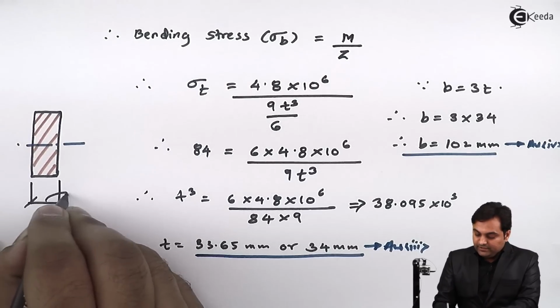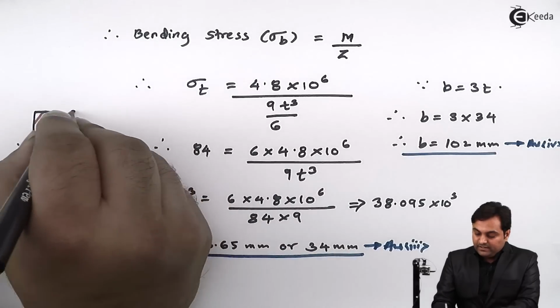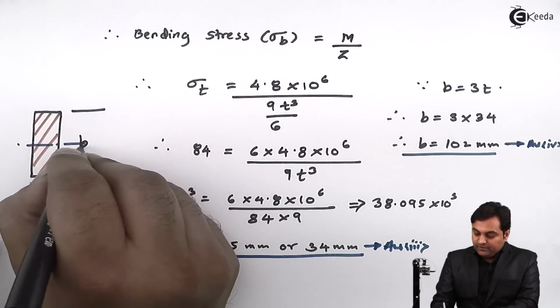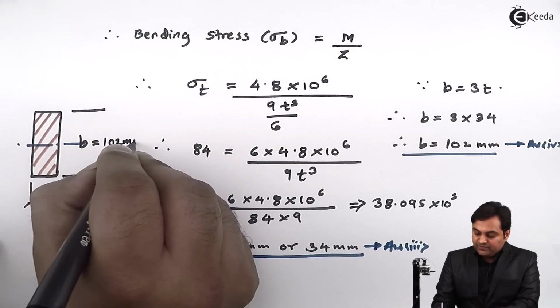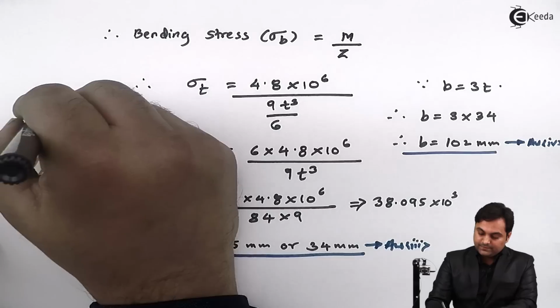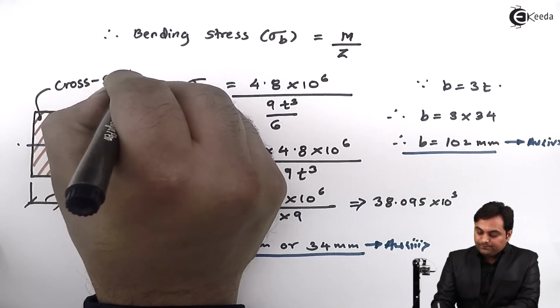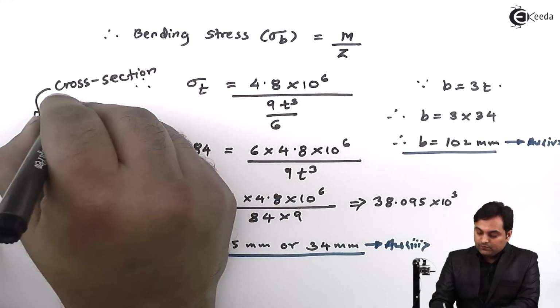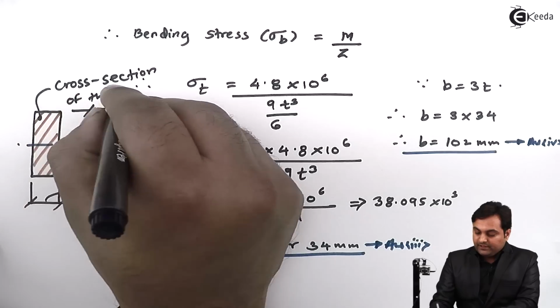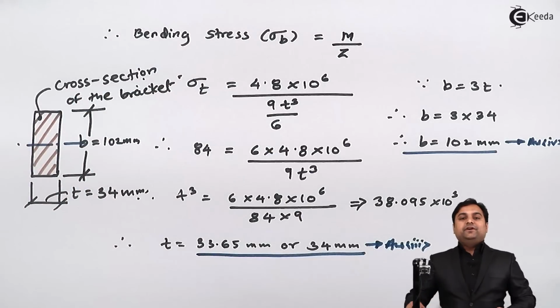T is equal to 34 mm and B is equal to 102 mm. That is, we have designed the cross section of the bracket. This is the cross section of the bracket, and with this we complete the problem.